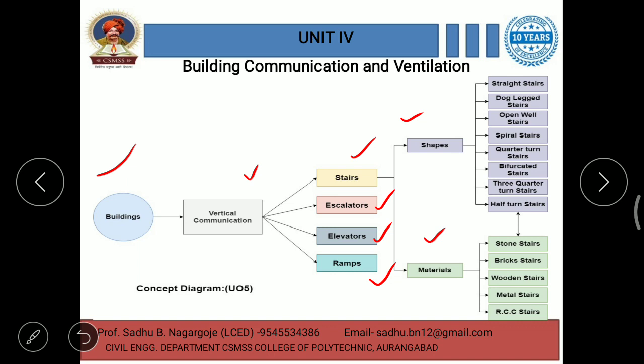Based on the different shapes, the staircases are divided into these types: straight stairs, dog-legged stairs, open-well stairs, spiral stairs, quarter-turn stairs, bifurcated stairs, three-quarter turn stairs, and half-turn stairs.